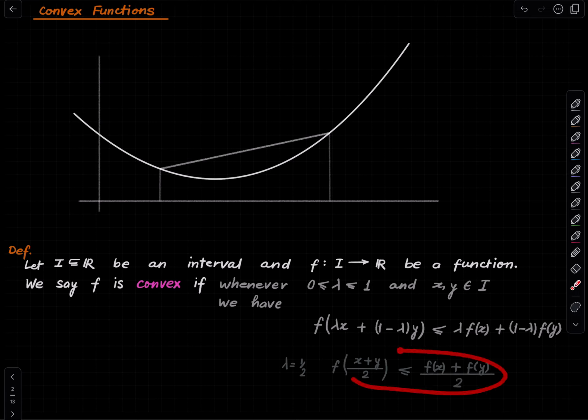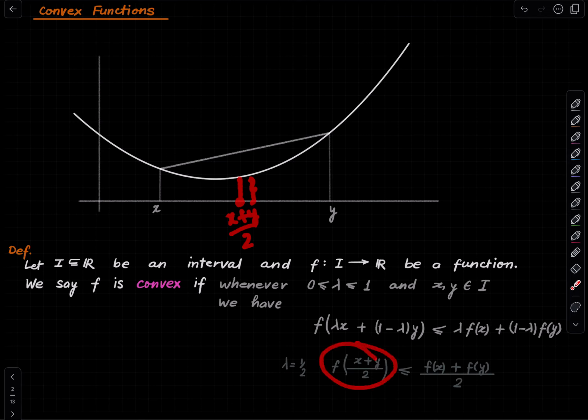And how does this translate in the picture? Suppose this is x and that is y. Then the midpoint of x and y will be somewhere here, (x+y)/2. And this is the value of the function at the midpoint. This is nothing but this vertical height, and we are saying it is at most this other vertical height.